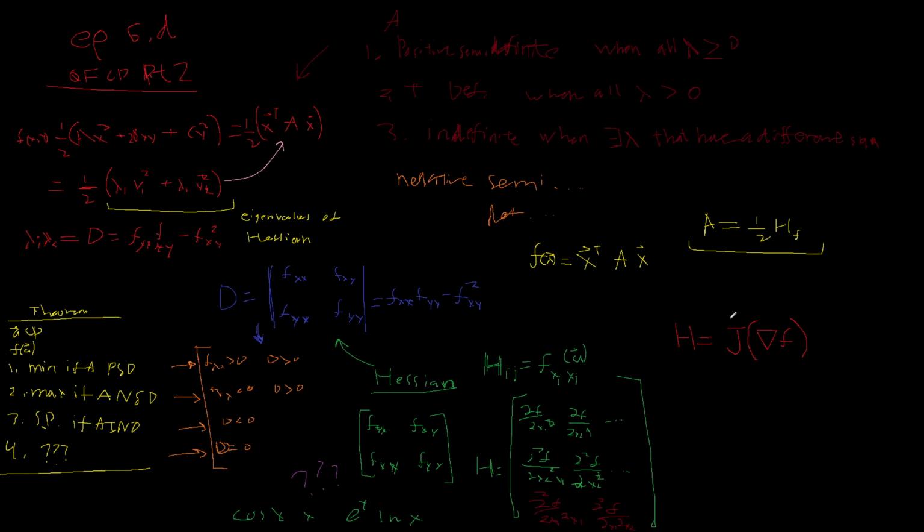So take the Jacobian of the gradient of f and we get the Hessian. We can use that Hessian for optimizing. I'm going to get into that next. We're going to look at classifying critical points generally, and then we'll move on from there. I think after that we will be done, though we might have one more topic. See you then.